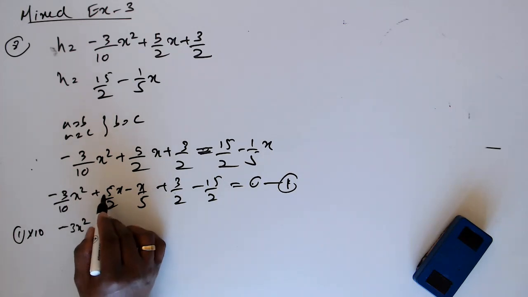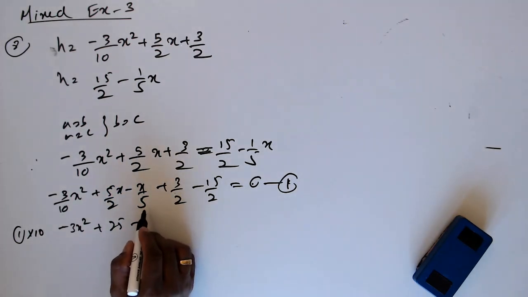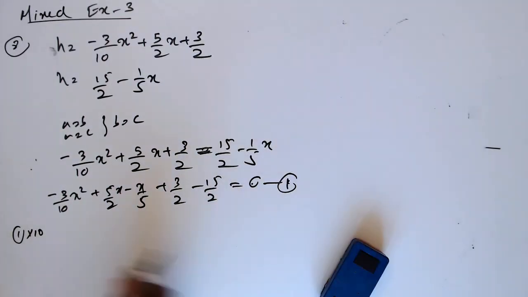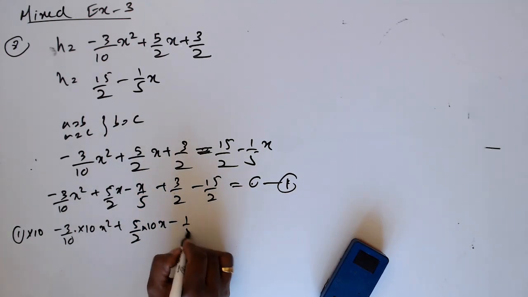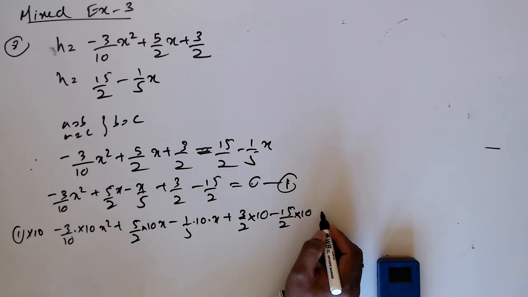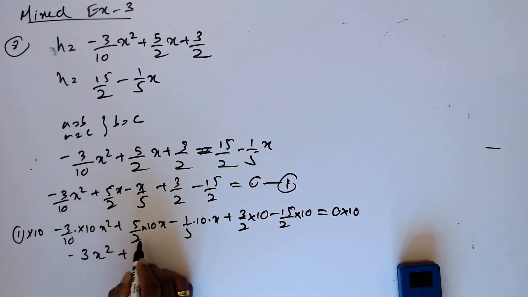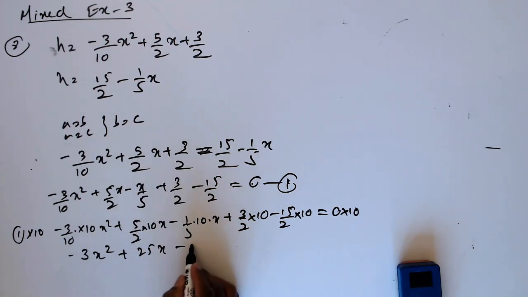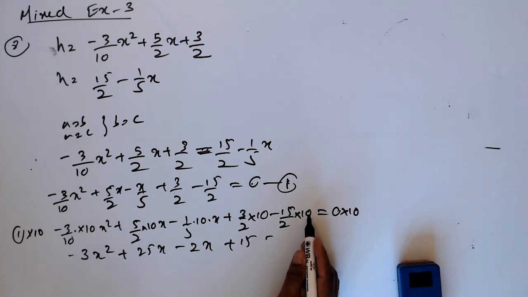And this is going to be 25x minus 2x, plus 15 minus 75 equals 0.